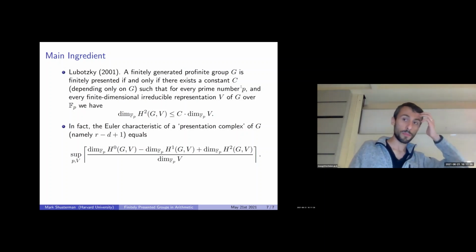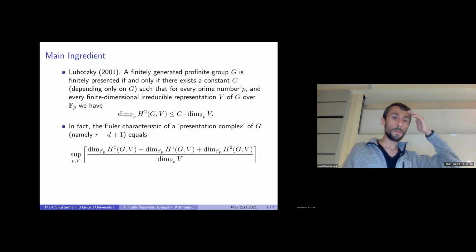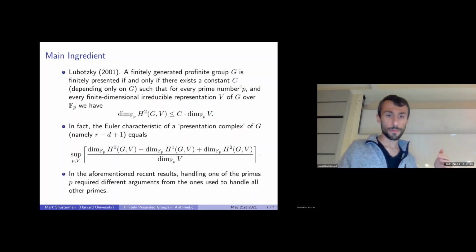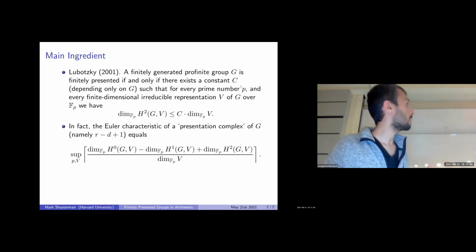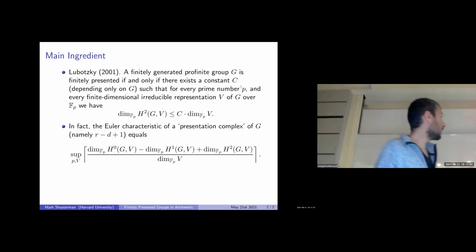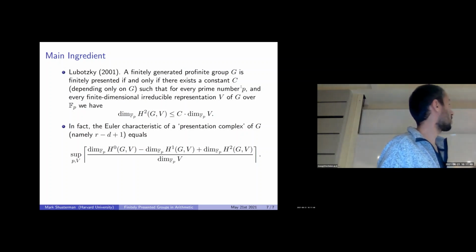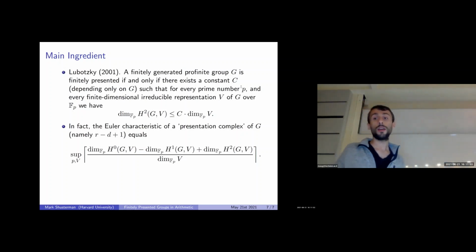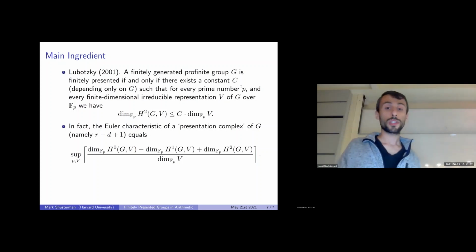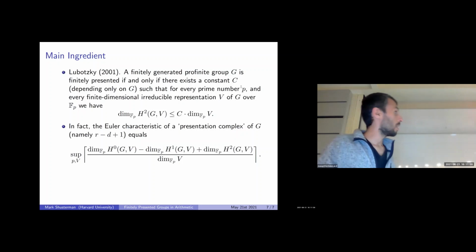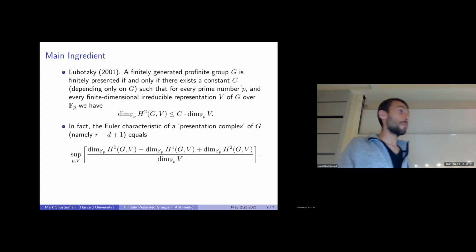But you need to range over all the primes P. And here V is the same thing as on the previous bullet. It's some finite dimensional, irreducible representation of this group G over this finite field FP.